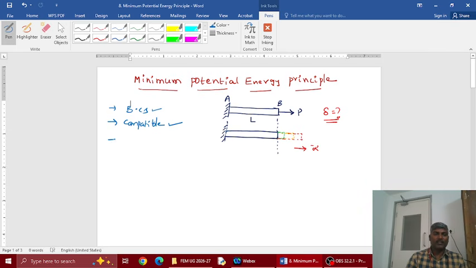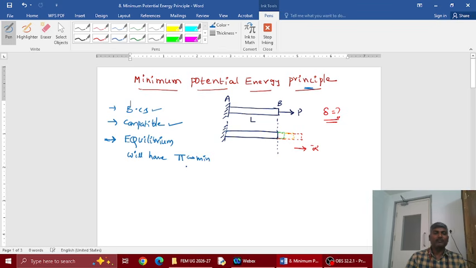Then the principle says the configuration which satisfies equilibrium will have minimum potential energy.